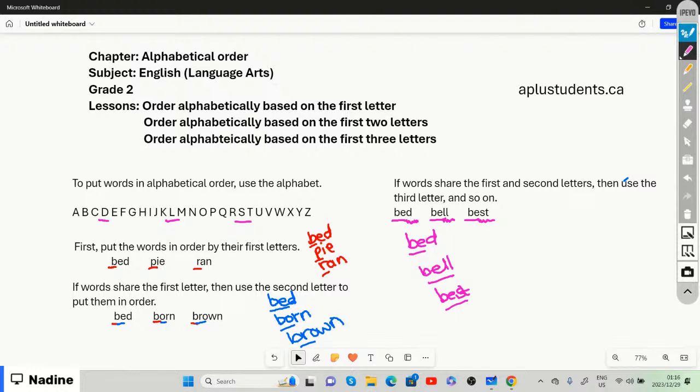If the words share the first letter, then you use the second letter to put them in order. We made an example of bed, born, and brown, because all of the first letters are the same, so we had to make use of the second letter in order to put them in order.